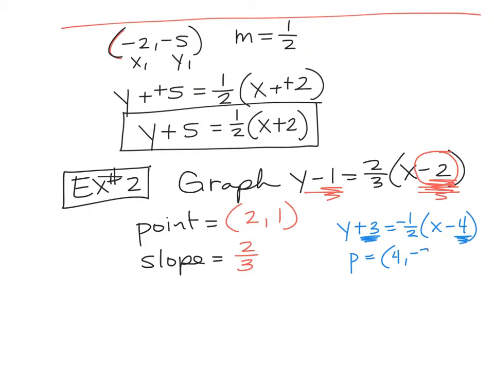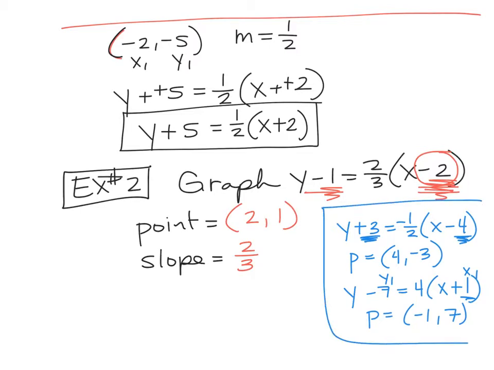Okay, so 4, negative 3 is your point. What would my point be in y minus 7 equals 4 times x plus 1? Negative 1, 7. Your point would be negative 1, 7, right? This is your x1 value, but it's opposite of what it looks like. This is your y1 value, but the opposite of what it looks like. Okay? It's really good. I'm glad you're getting that.